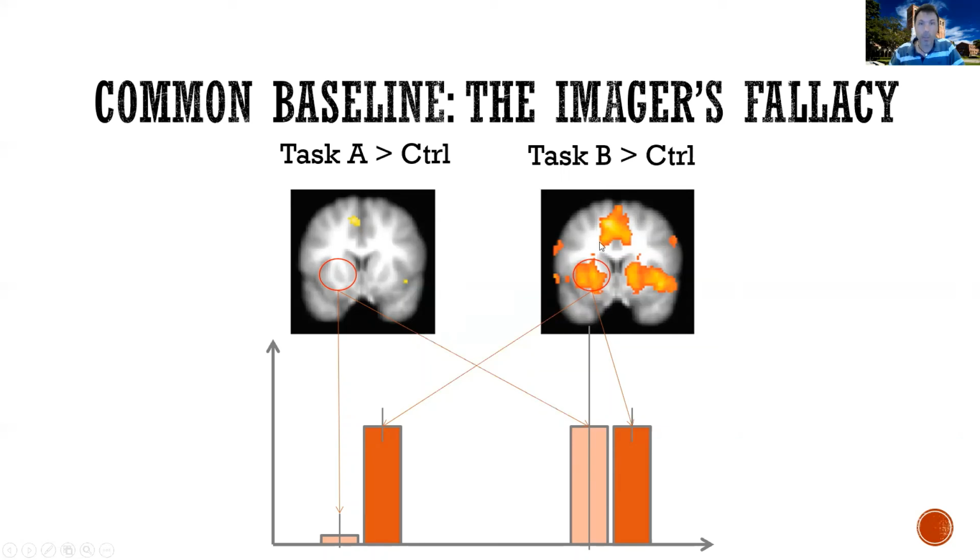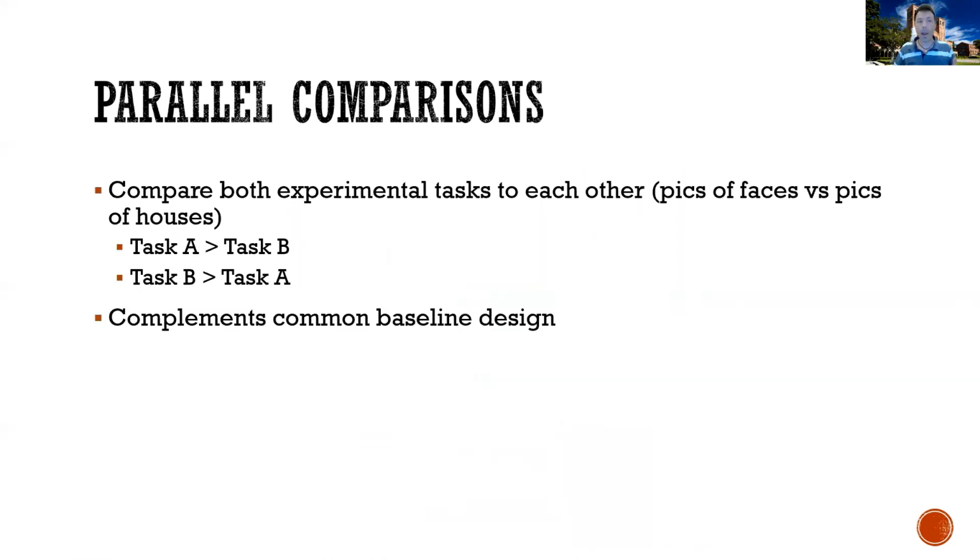So just because you compare two tasks to the same baseline does not mean that you can make any inference about whether task A is greater than task B or vice versa. If you want to do that, you need to directly compare task A versus task B statistically. And that's where so-called parallel comparisons become important.